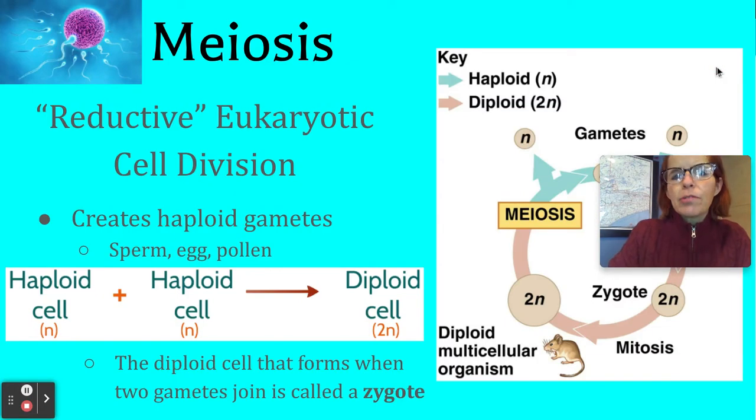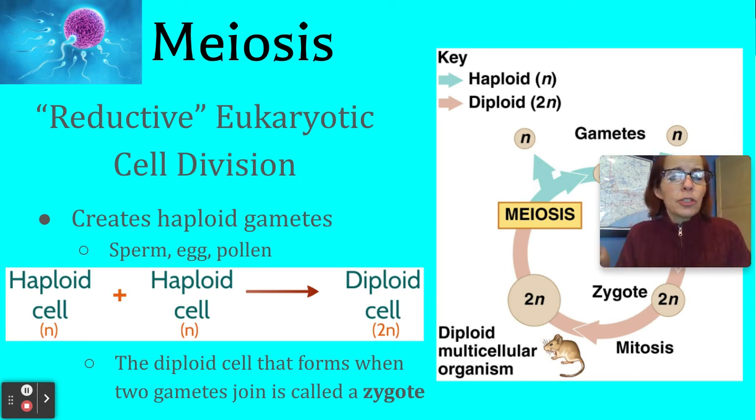So first of all, meiosis is often referred to as reductive eukaryotic cell division, and that sounds fancy. It's referring to the reduction of the number of chromosomes. So mitosis is non-reductive eukaryotic cell division, and that's because it didn't reduce the number of chromosomes. So if you had a human somatic cell, that's a body cell, that had 46 chromosomes in it, and the cell went through mitosis, each of the daughter cells have 46 chromosomes.